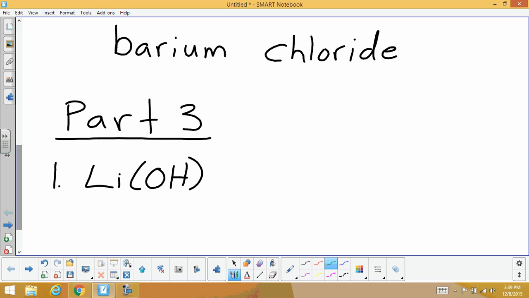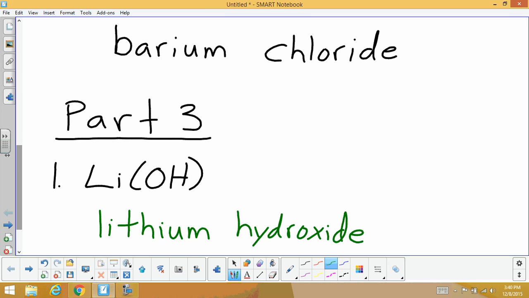Just like we did in part two, you name the first metal, the whole word. So Li is lithium. Since this is not a transition metal, we don't have to put parentheses with the Roman numeral. You just go to the next step, which is naming the polyatomic. And according to the lilac sheet, we know OH is hydroxide.